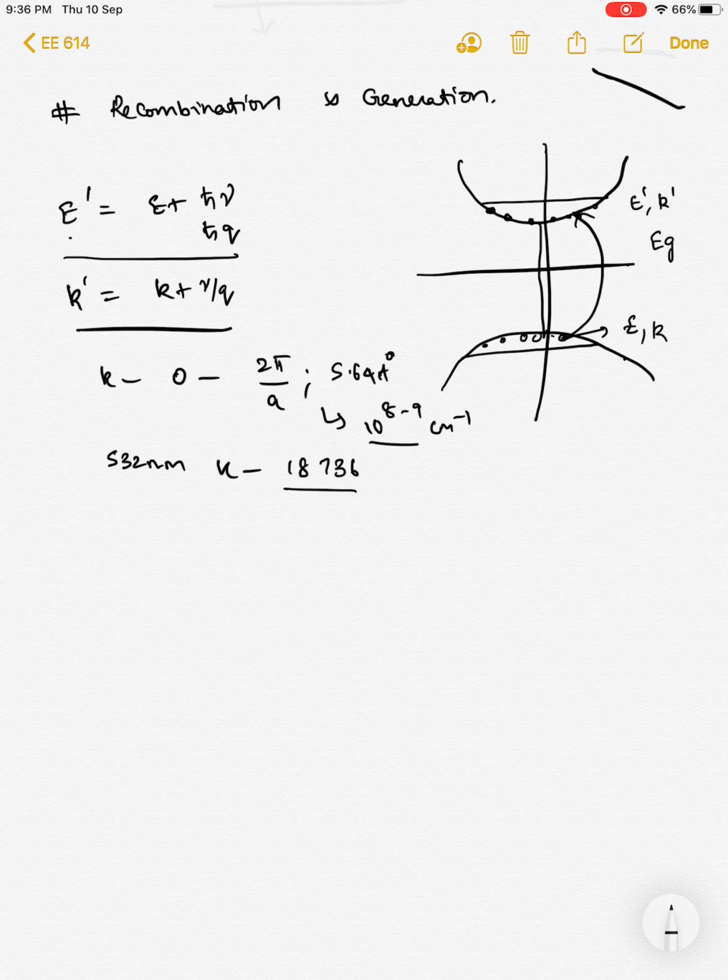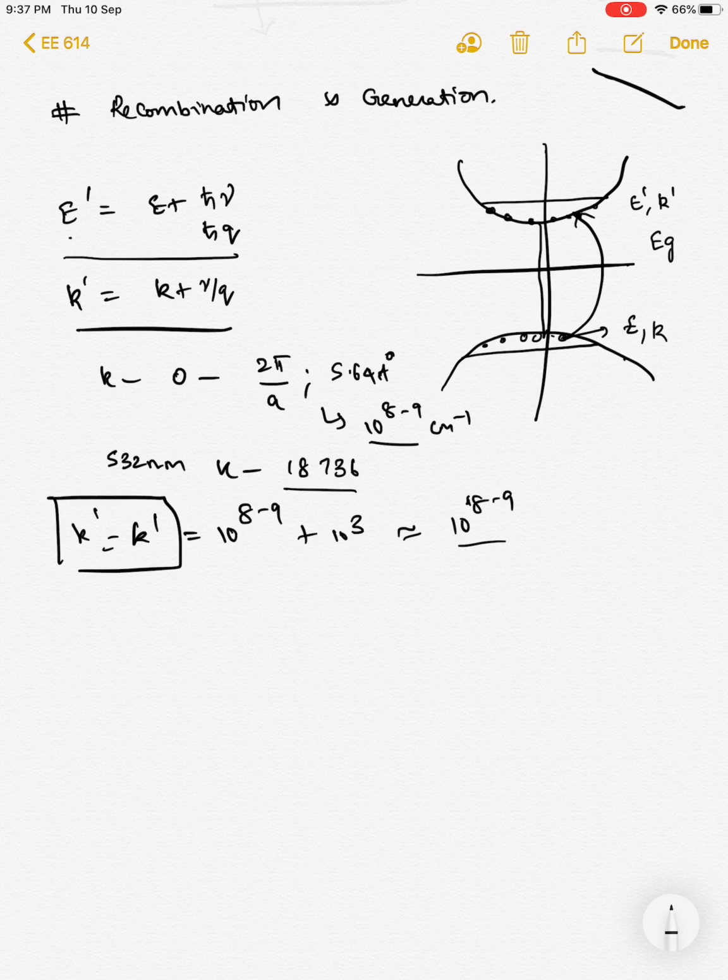So the k prime is about 10 power 8 to 9 plus about 10 power 3, which is approximately equal to 10 power 8 to 9. So what we are trying to say is that k and k prime should almost be equal if the excitation has to happen with a photon.